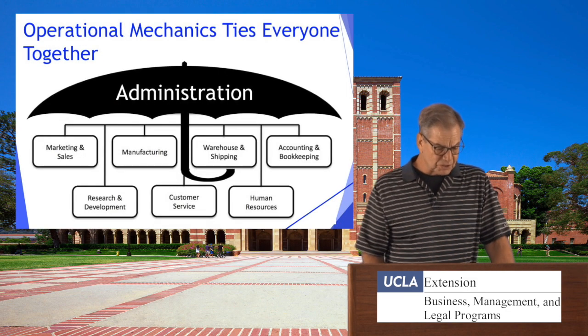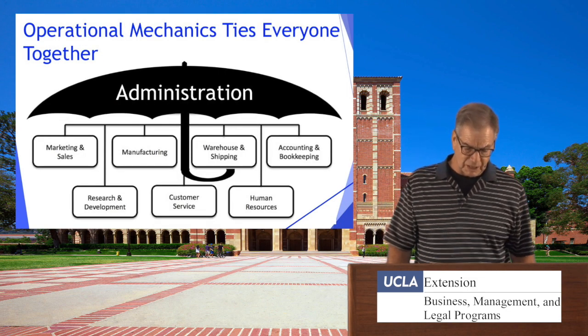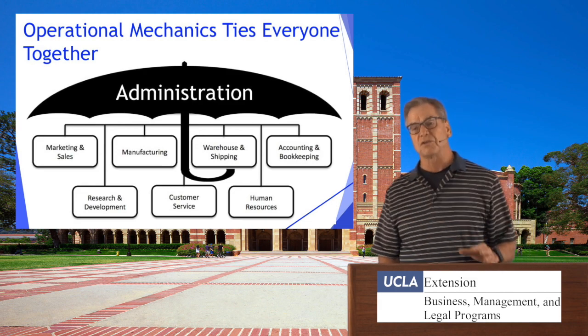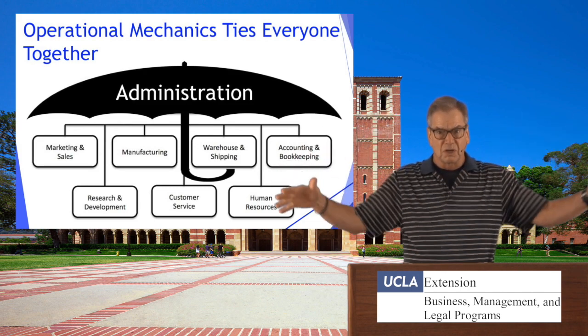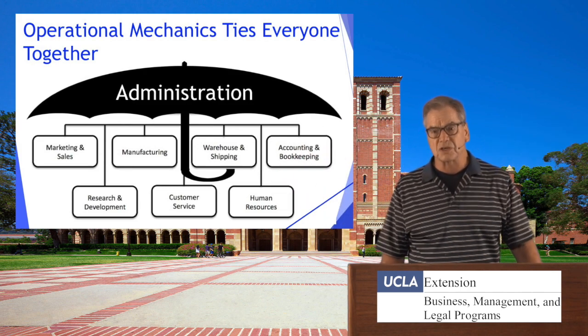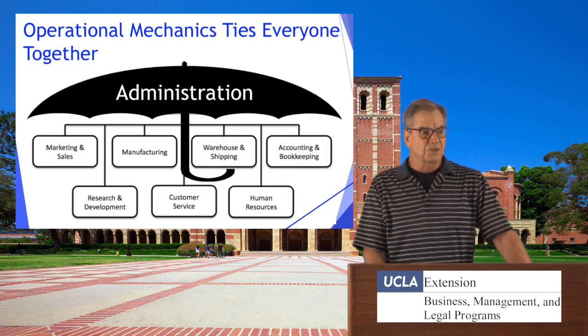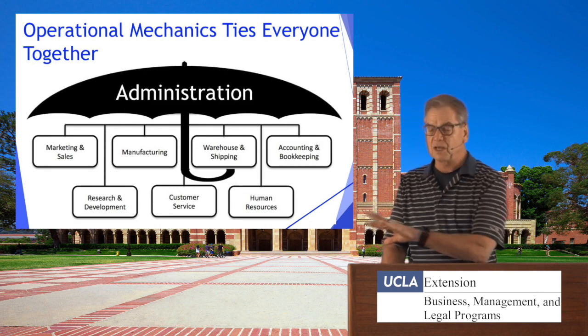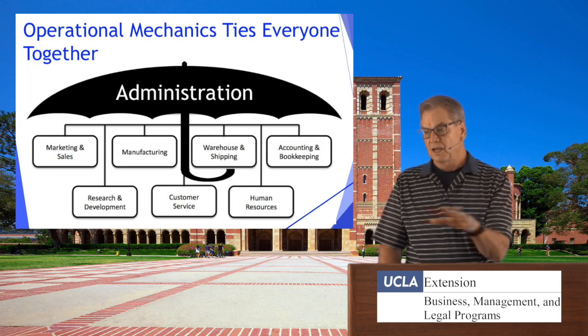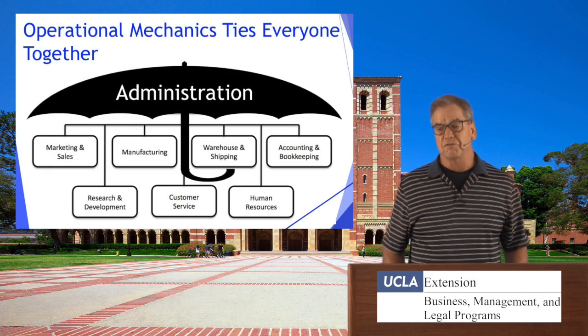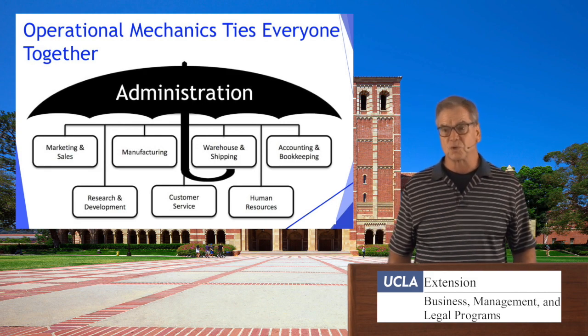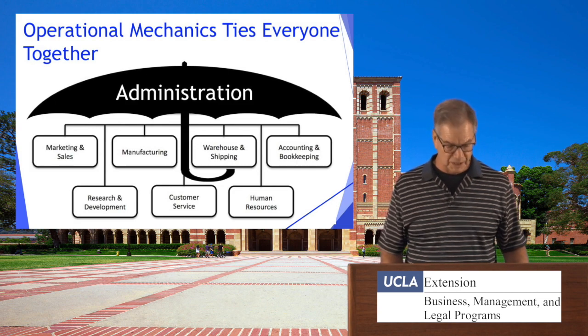So here we have a slide that has operational mechanics, ties everyone together. We can think of one of the definitions of organizational administration as to coordinate the efforts and communications and dissemination of information to all the functional divisions of the organization, to all the vice presidents, all the department heads.